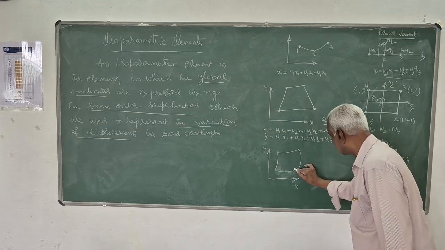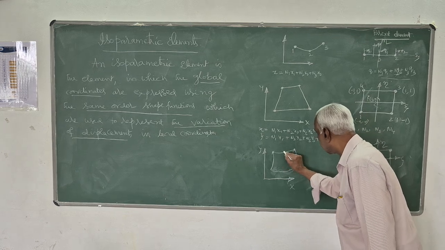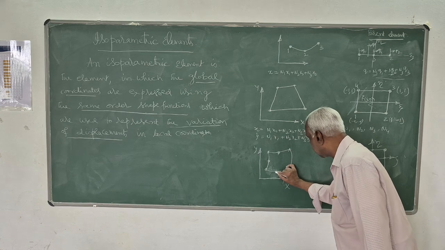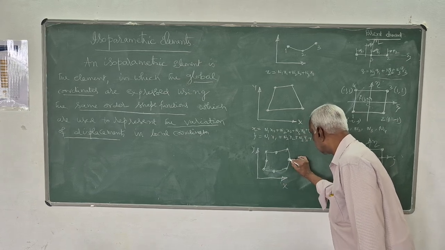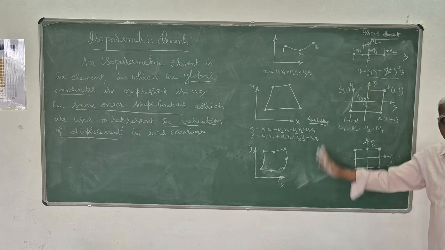Some shape like that. This is called an isoparametric element. If you plot it, you find a shape like that. It's only a concept.